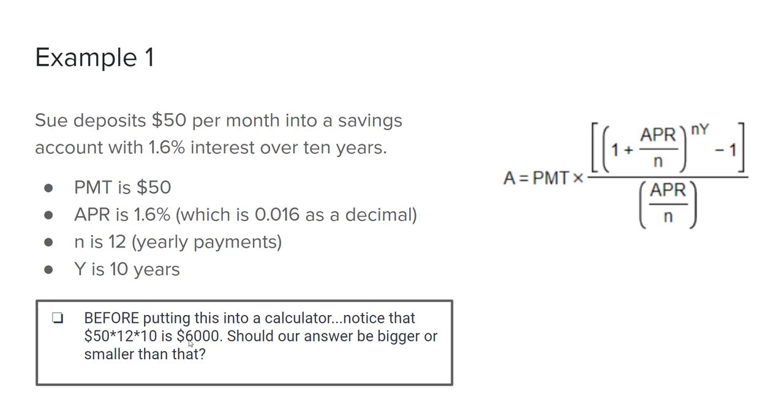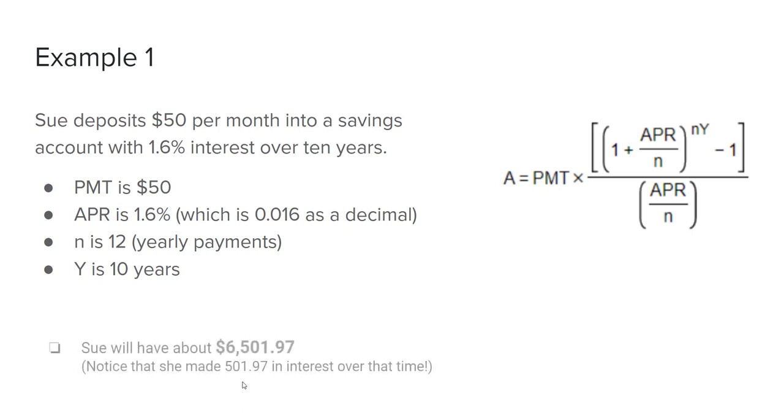I expect that this answer should be a little bit bigger than 6,000 since I'm making interest on this savings account. Especially if you think about it over 10 years, every single month you're making interest on the previous month's account balance. And so this should be greater than 6,000. If my answer is not greater than 6,000, then I should look for mistakes.